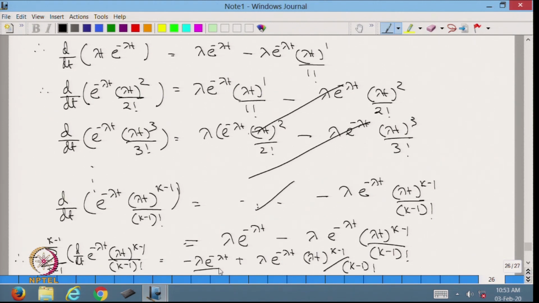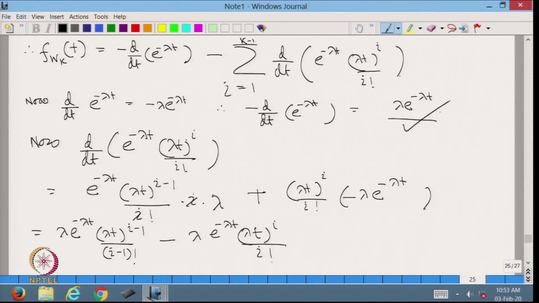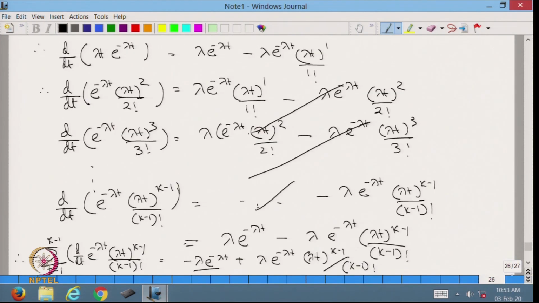Now, this term will cancel with this, because this is λe^(-λt) and this is minus λe^(-λt).